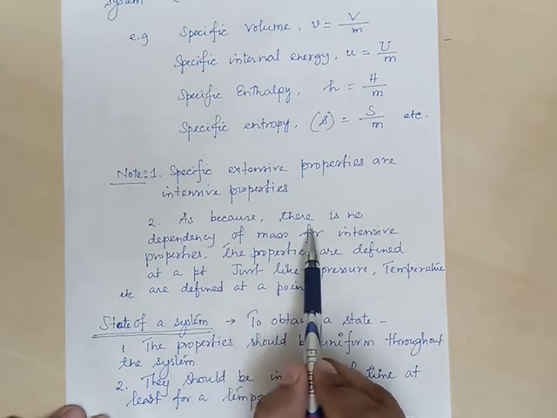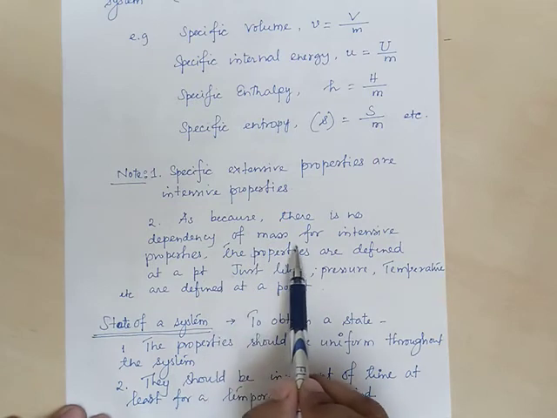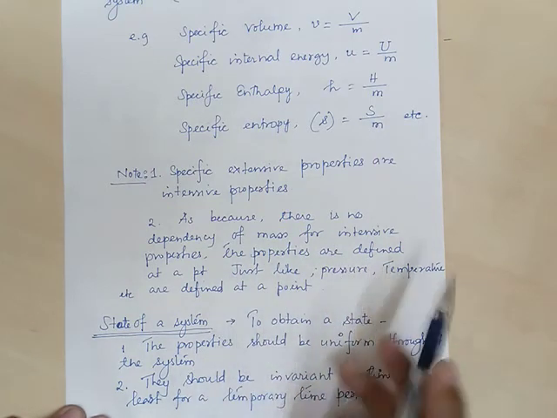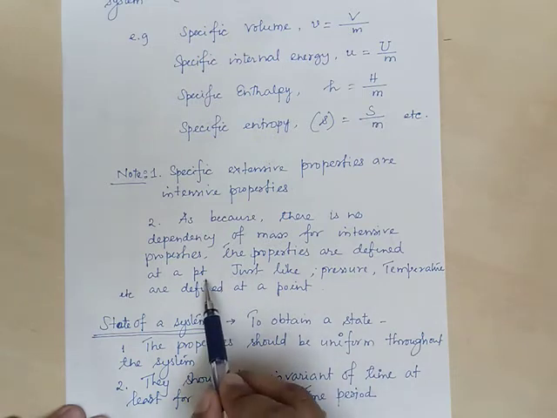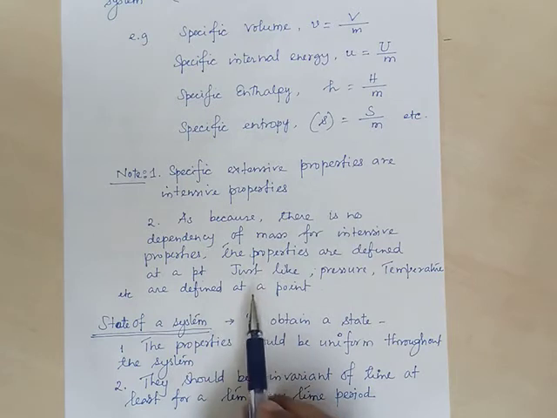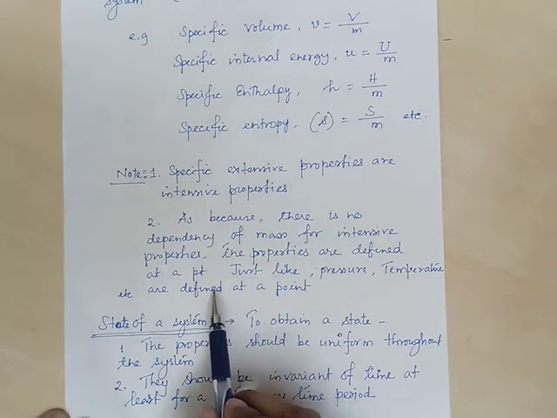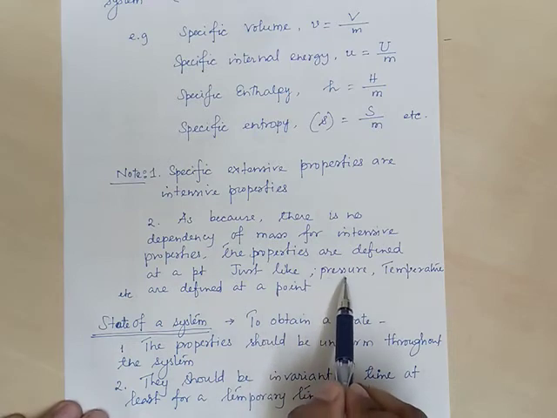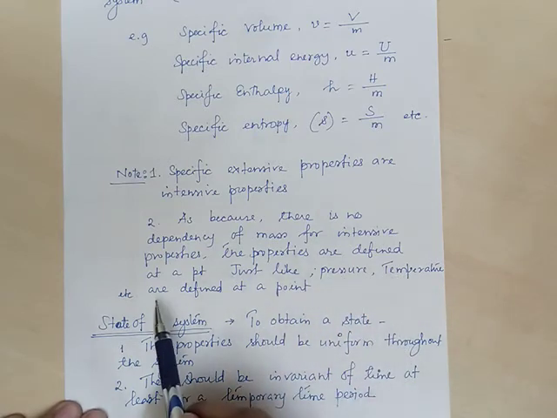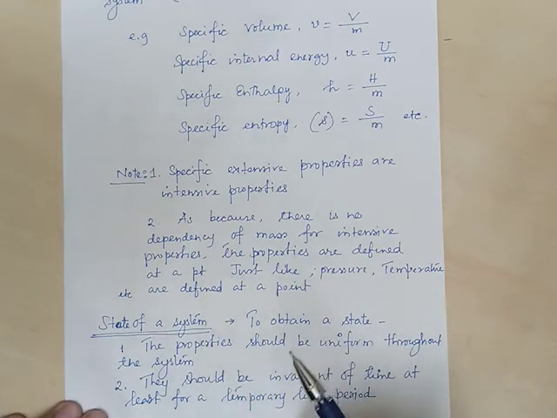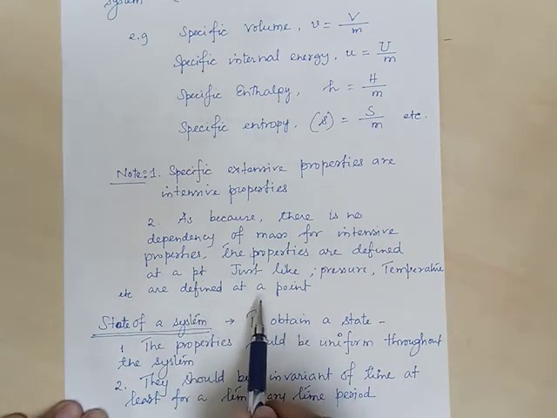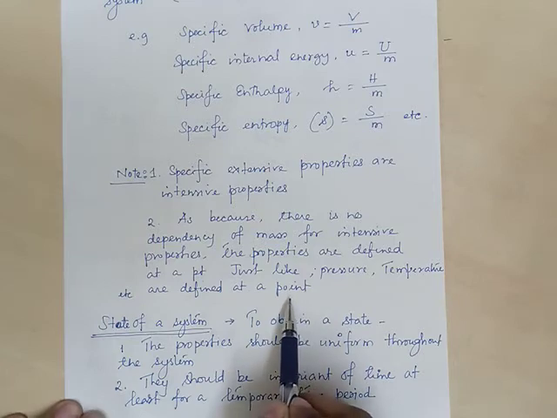As there is no dependency on mass for intensive properties, these properties are defined at a point, just like we define pressure, temperature, and other intensive properties at a particular point.